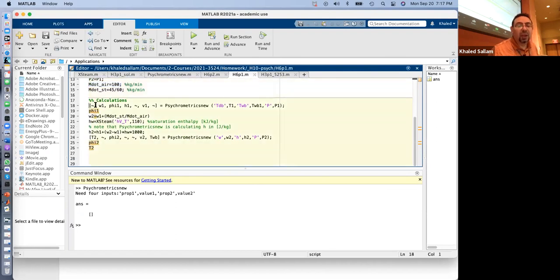When I run this, he will calculate W1, phi1, H1, and V1. The three things that are missing are the three that I'm giving him. If I know, for example, P1 and W1, I would give him P1 and W1, and then ask him for the dry bulb temperature, for example.